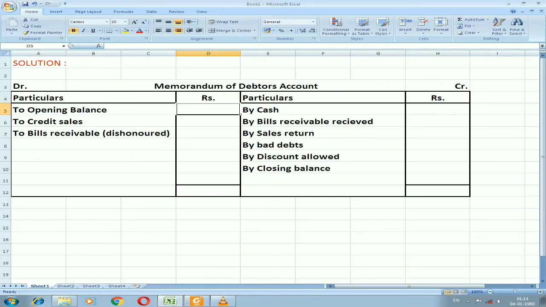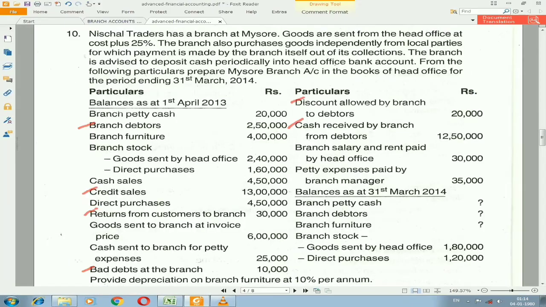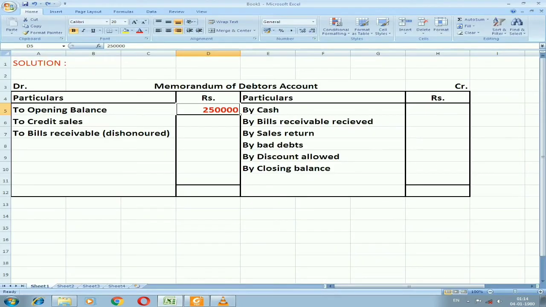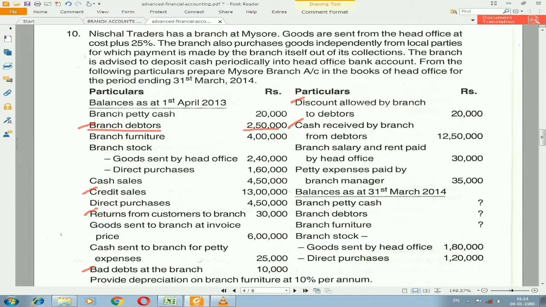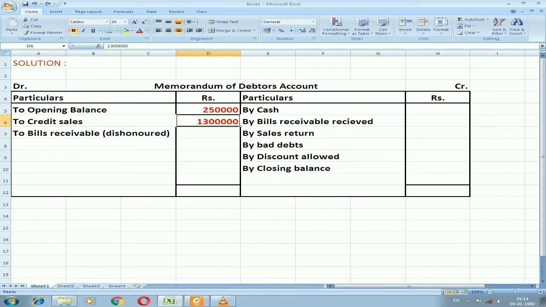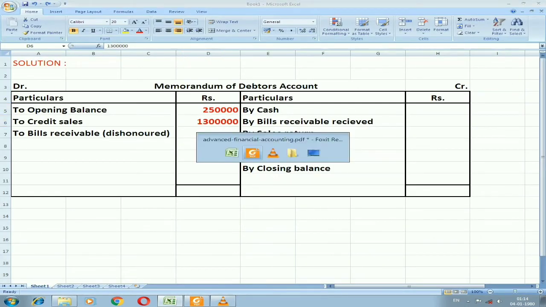First, we need to start from the opening balance. So first we have branch debtors, which is the amount of 2,50,000, that is the opening balance. Then we have in the illustration credit sales, which is the amount of 13 lakhs, that we need to record on the debit side in the name of credit sales 13 lakh.